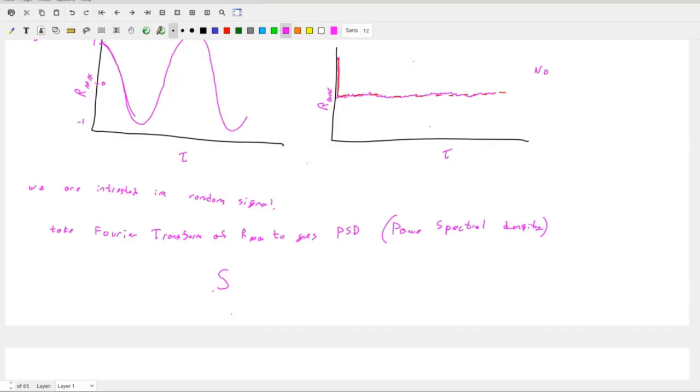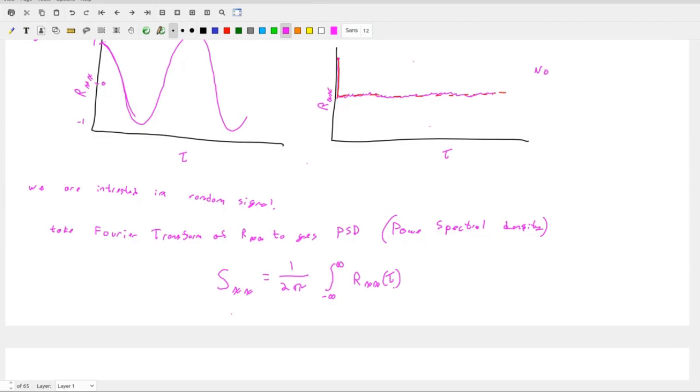so S of our variable XX is equal to 1 over 2 pi, integral from -infinity to infinity of RXX of tau, right? Because our tau changes.